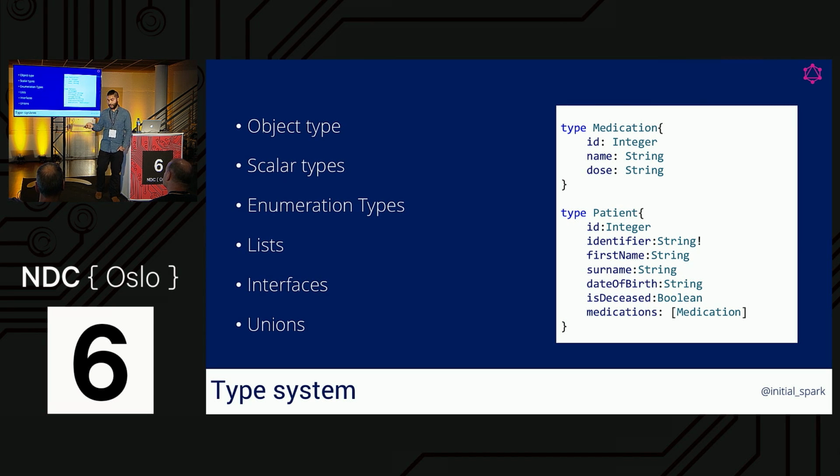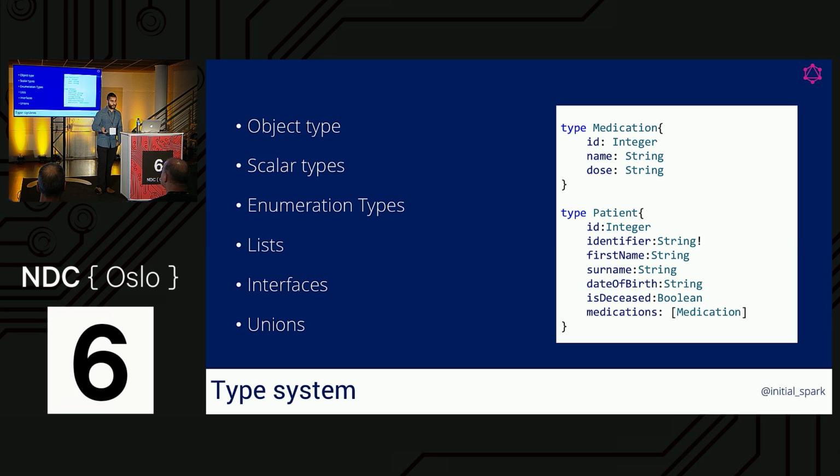So types are on the right. We have a medication type and a patient type, and we call these object types. And most of your GraphQL API implementation will generally be around object types. So we've got some properties, which are called fields in the GraphQL world, like ID, identifier, first name, and surname. And then we have these backed by scalar types. So you've got integers, strings, booleans, and floats.